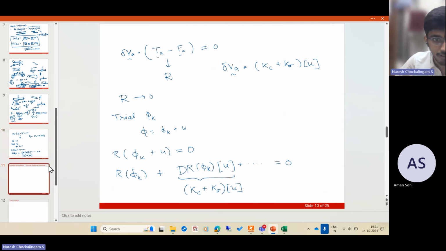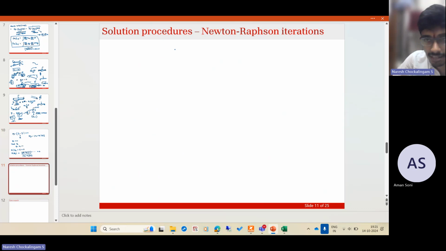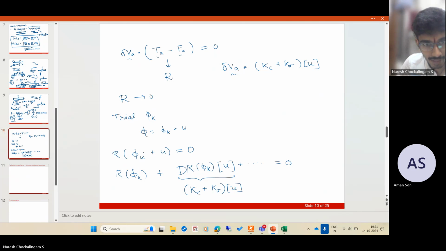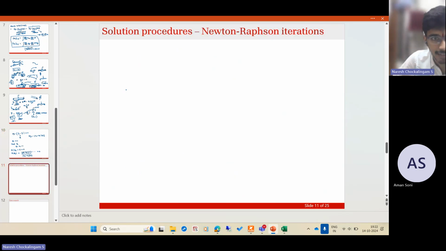So we can drop the higher order terms and set up an iterative scheme. That is the Newton-Raphson iteration. Drop these terms, take R k to the right hand side. Initialize with an initial guess phi 0. Then compute the initial residual R of phi 0.